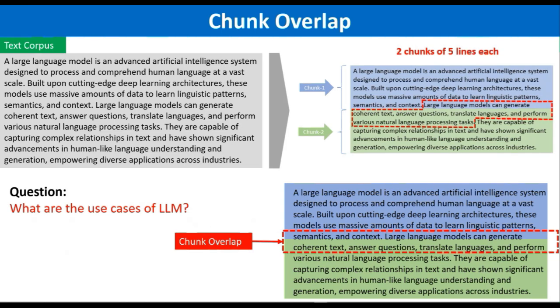Here in this case, chunk overlap is of one line. That means the first line of chunk 2 will also be part of chunk 1, and the last line of chunk 1 will also be part of chunk 2, as shown here. Now this question, what are the use cases of LLM, can be answered correctly using chunk 2.